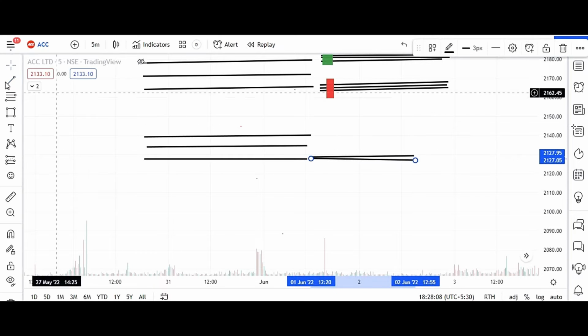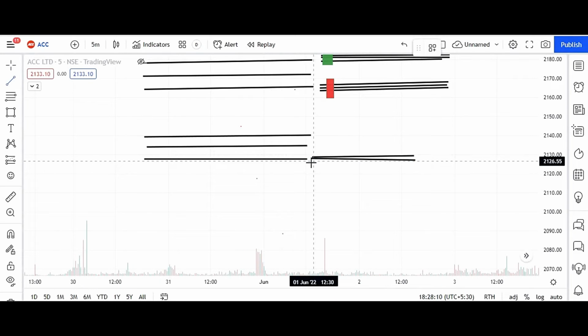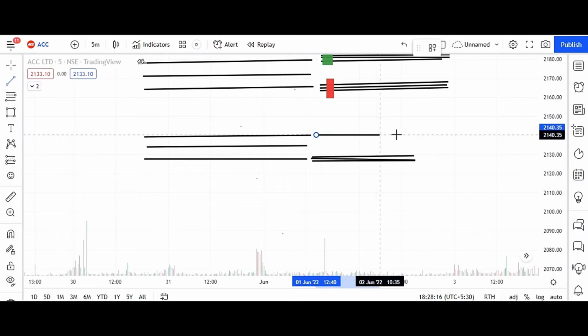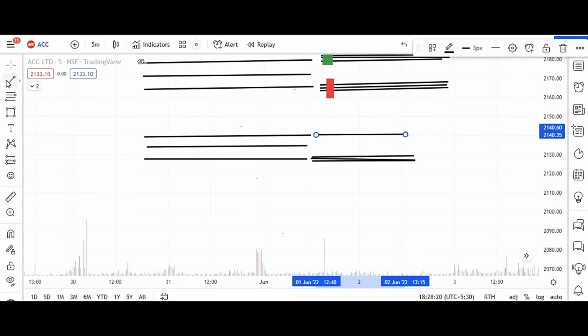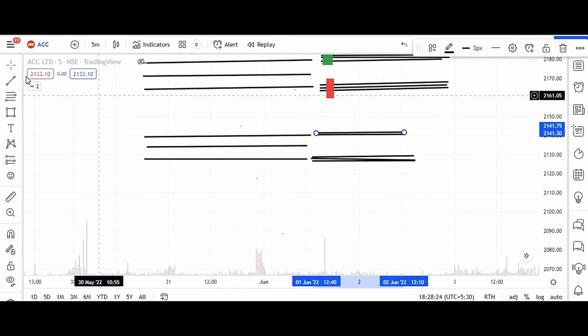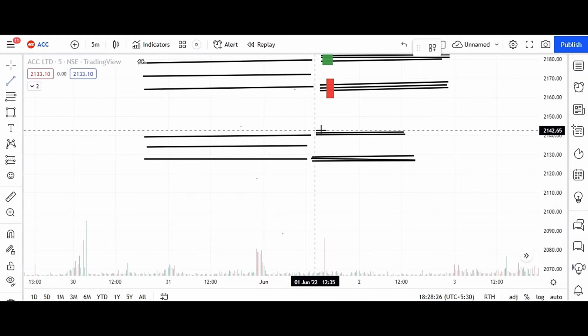Forms either downside, narrow CPR, goes to bottom central pivot of previous day CPR, the same way, other hand. Form upside narrow CPR, no gap between top central pivot to current day.